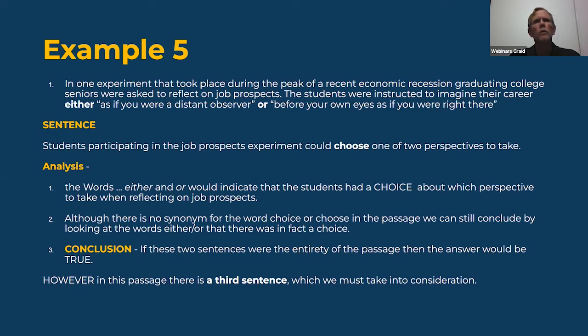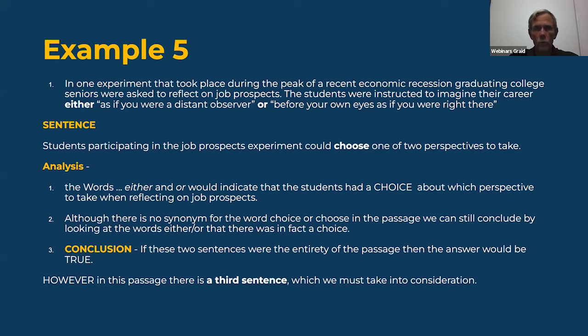Now, when we look at the words either and or, they would clearly indicate that students had a choice about which perspective to take when reflecting on job prospects.